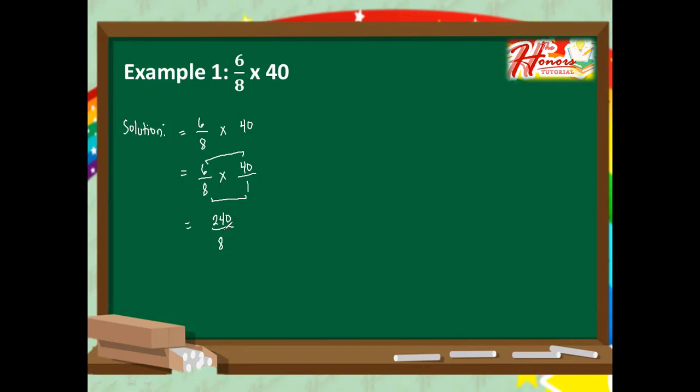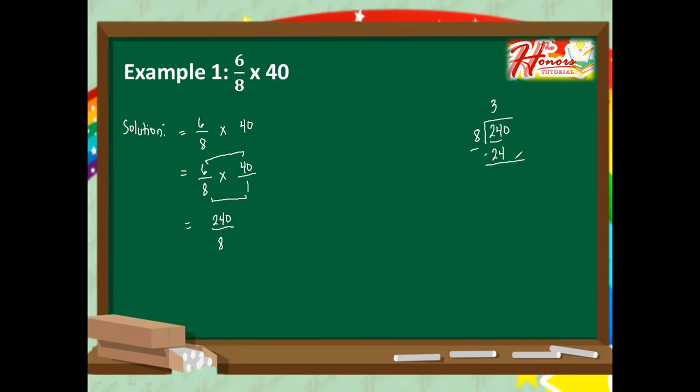How? We have to divide 240 and 8. I will show you how. Let's do it by hand. So we have here 240 divided by 8. 24 divided by 8, that's 3. 3 times 8, that's 24.